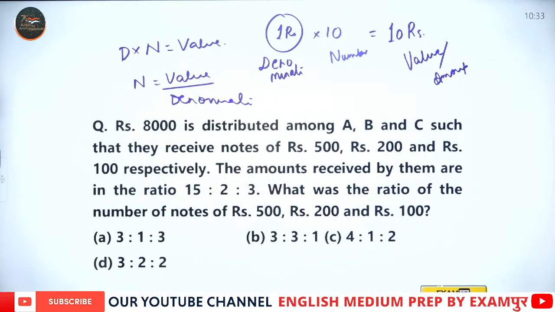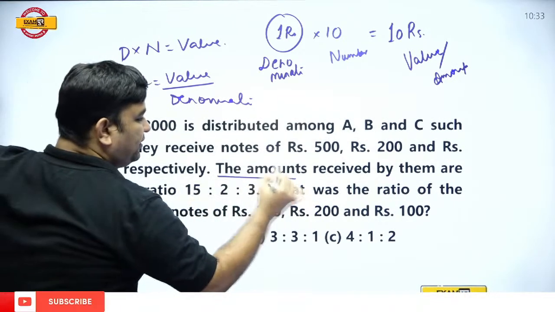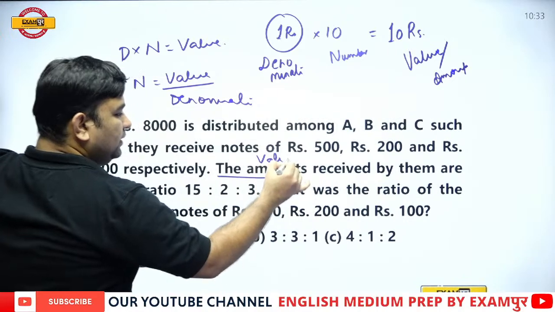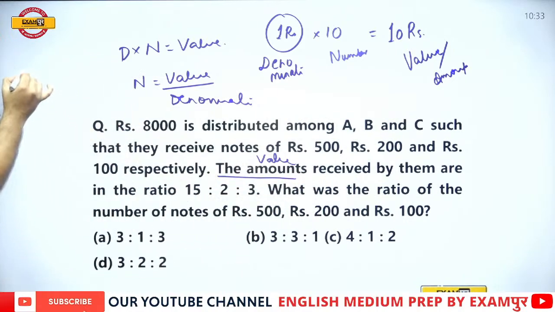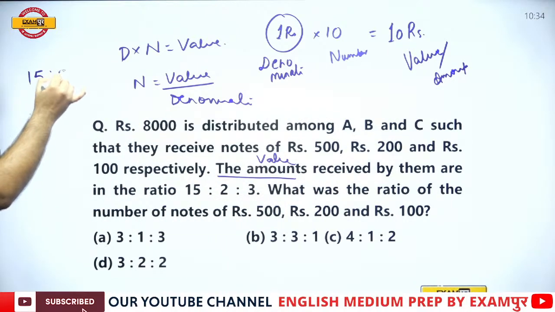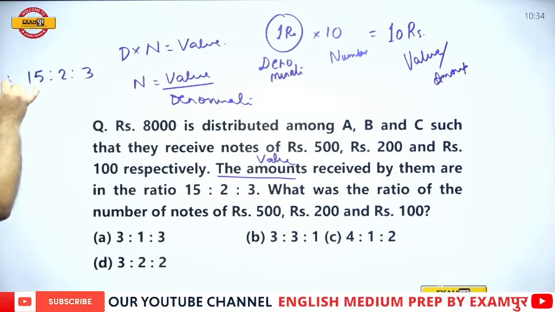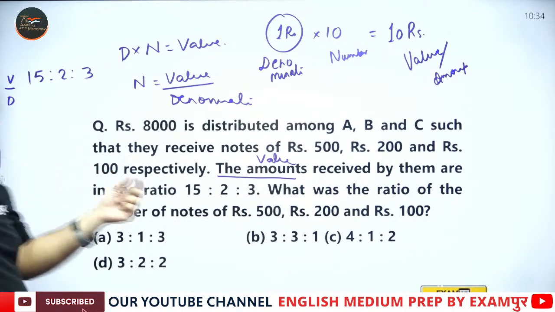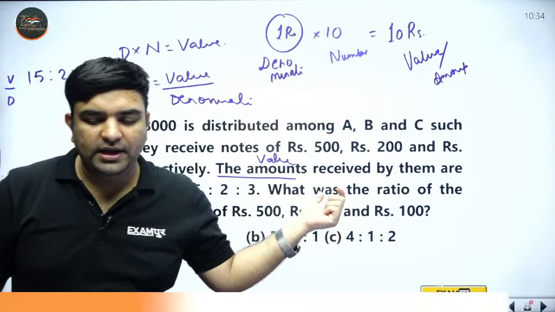Okay. So the value is in the ratio 15:2:3. And denomination means what is printed over each note.